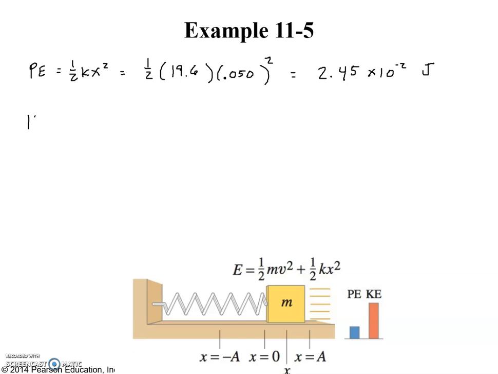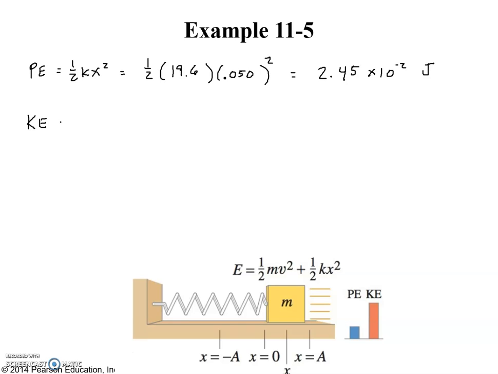Okay, and then the kinetic energy. How much kinetic energy does it have at half amplitude? Well, we could directly solve for kinetic energy, but we would have to find the maximum velocity and then the velocity at half amplitude, and it would just be more steps.